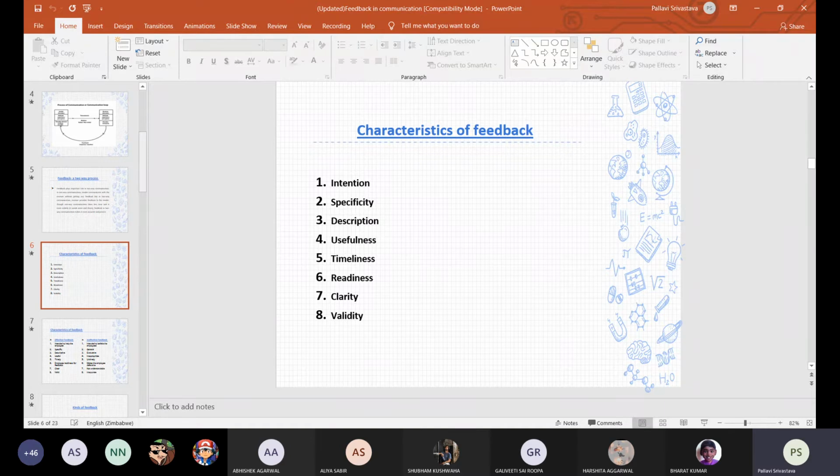Finally, validity. When we say validity, we are talking about genuineness and accuracy. When you give feedback, especially negative feedback to someone, be very, very careful and conscious that whatever you are telling that person should be based on some facts. It should not be allegation. It should not be only bias.